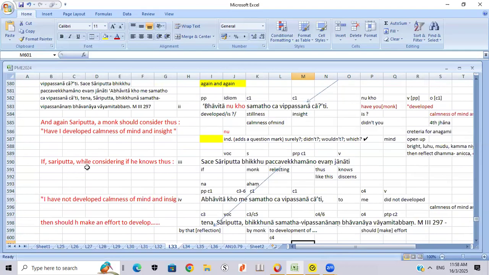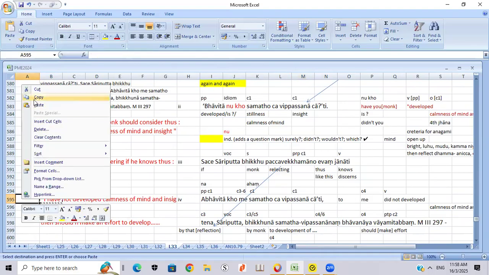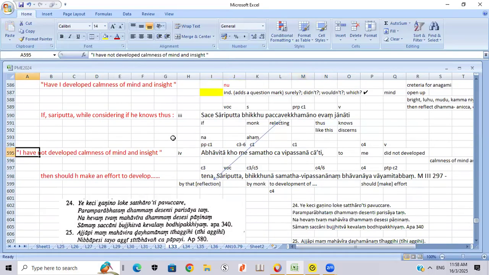If Sariputta, while considering, that means you are reflecting, if he knows this, I have not developed calmness or insight, samatha or vipassana, then... the word then is not there, I can tell you. So how does it take? It takes from the word tena.